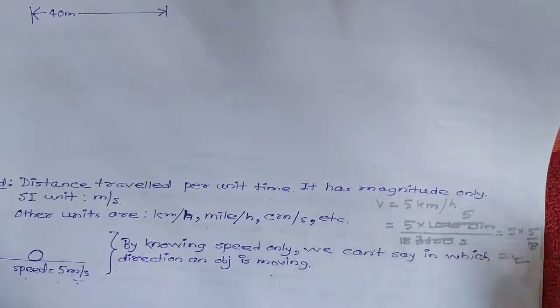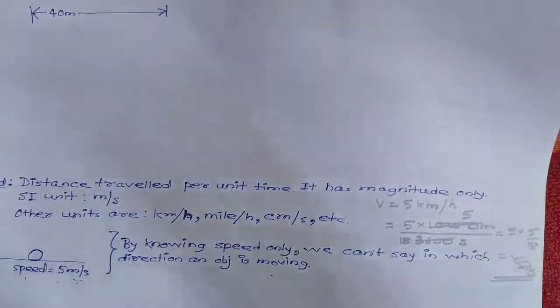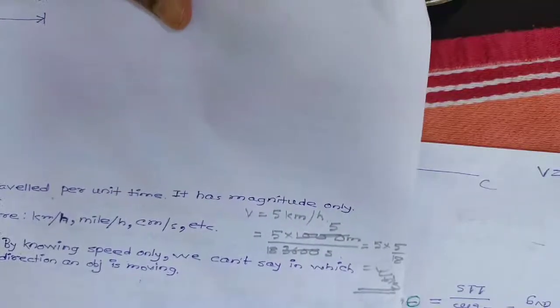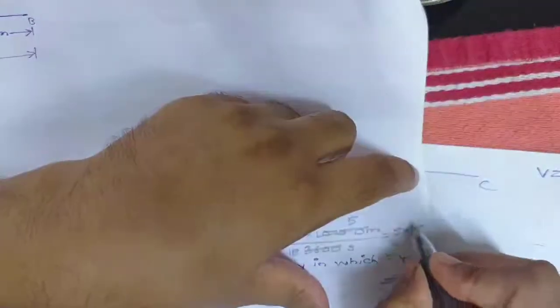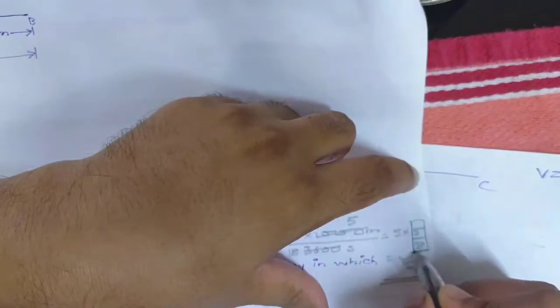You can calculate. Okay, so that will give you the speed in terms of meter per second. So just keep in mind this 5 by 18 factor. Using this factor you can convert speed from kilometer per hour into meter per second. This will be useful while solving numerical questions.